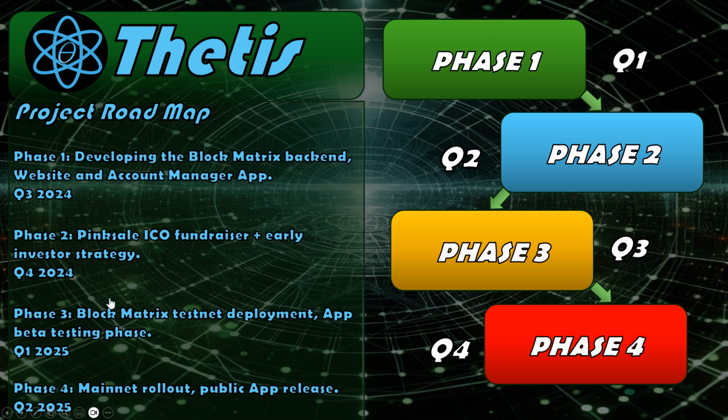So this is after we've built this, and this will probably be late in Q1, maybe like March, that we'll have the block matrix backend completed, and we'll start working on the account manager application that communicates with that. This is just putting out a beta testing testnet phase that people can use if you're a developer yourself and you want to communicate with this.